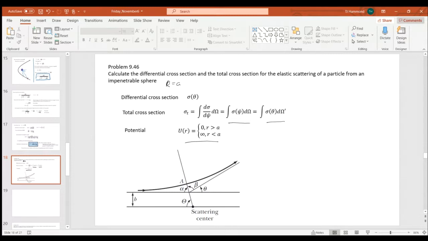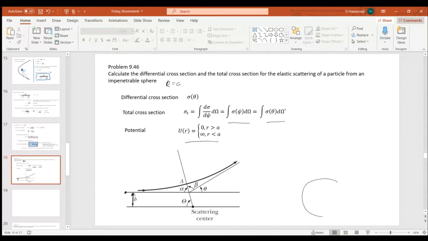So we'll also be needing to use this picture that we've seen before. So what we have is the impact parameter b, and that is the distance from the center, the scattering center. Then what we have is some particle of some size, and that's coming in and scattering off of some particle of radius a.